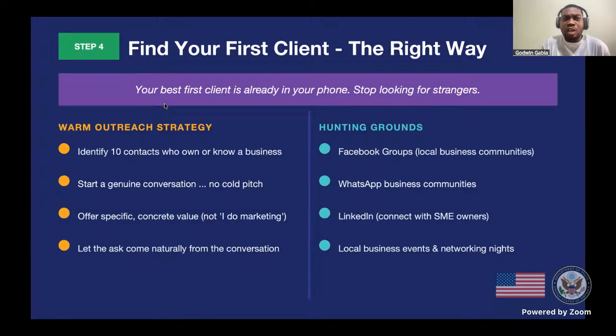So it means you have thousands of contacts on your list. So you cannot tell me that you are not able to get 10 contacts who own or know a business. So you shortlist them, right? You just write it down. Kofi, Pedro, Juliet, top 10, write it down.